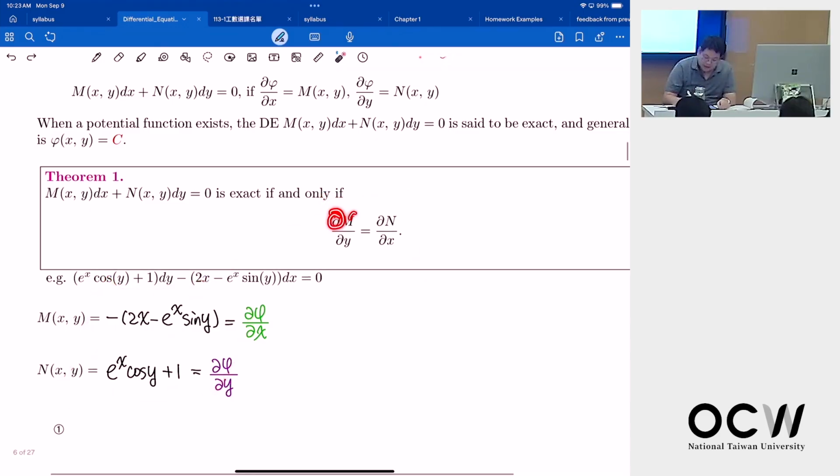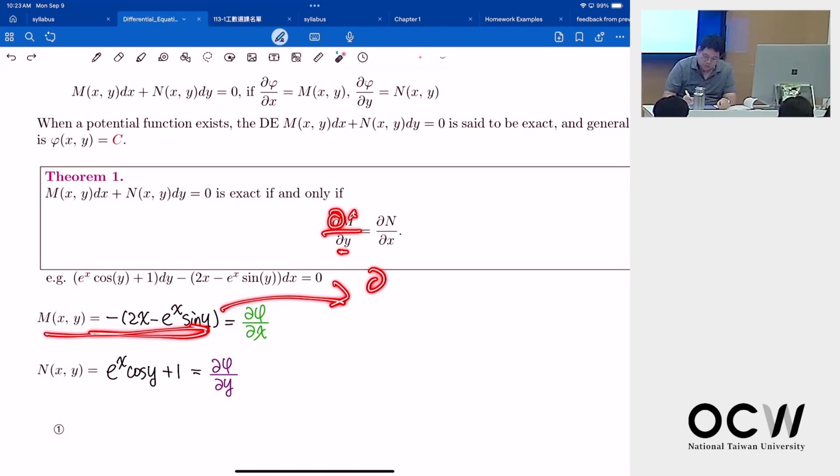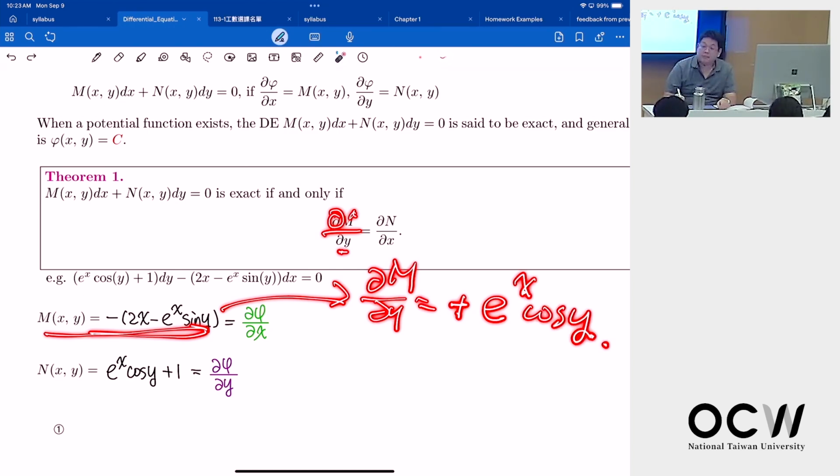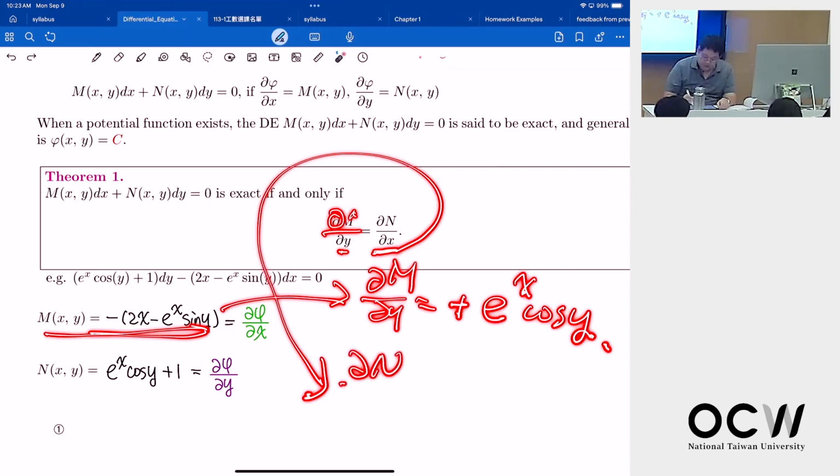Partial M over partial y. So partial M over partial y will get what? Plus e to the x cosine y, right? And then the second one, partial N over partial x.